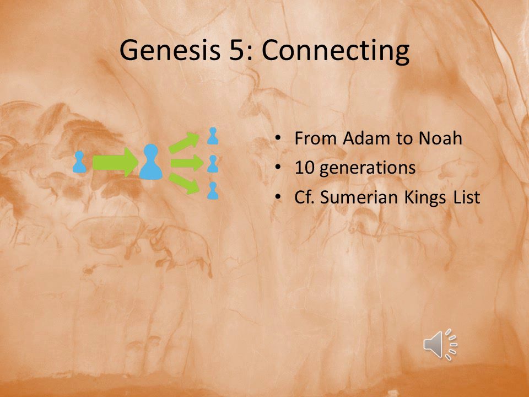At this point, the book inserts a genealogy, which takes us from Adam to Noah in 10 generations. The number 10, as well as the number 7, appears in the book more often. There are, for instance, also 10 generations after the flood, and in chapter 10, 70 nations will be listed, that is, 7 times 10. And later there will be 70 members of Jacob's family who moved to Egypt.